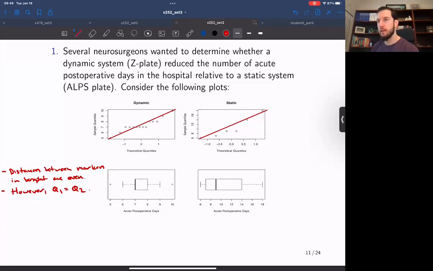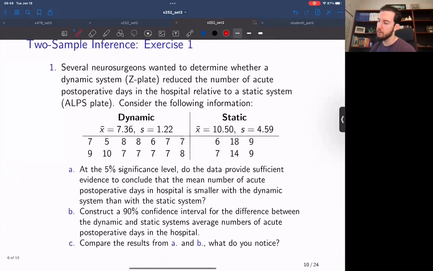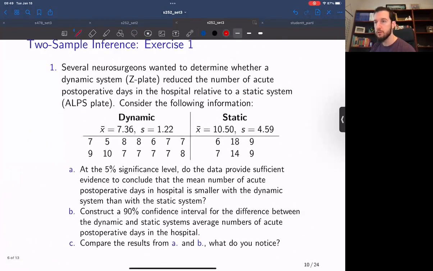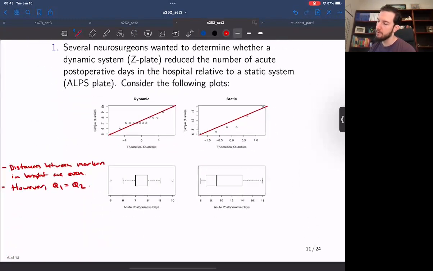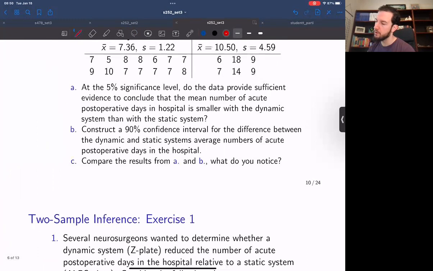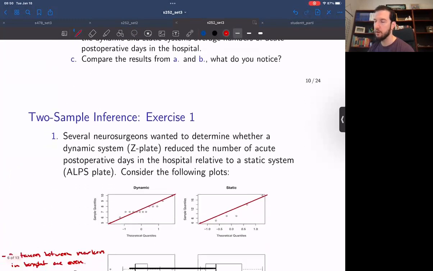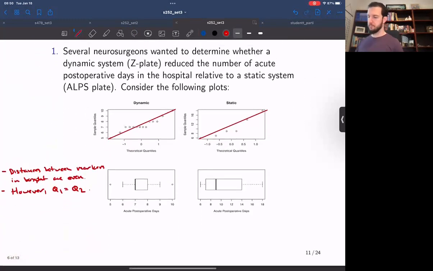However, this actually makes sense, because if you look at the original table of values, you can see that we have 1, 2, 3, 4, 5, 6, 7 people that have all spent 7 days in hospital after surgery.